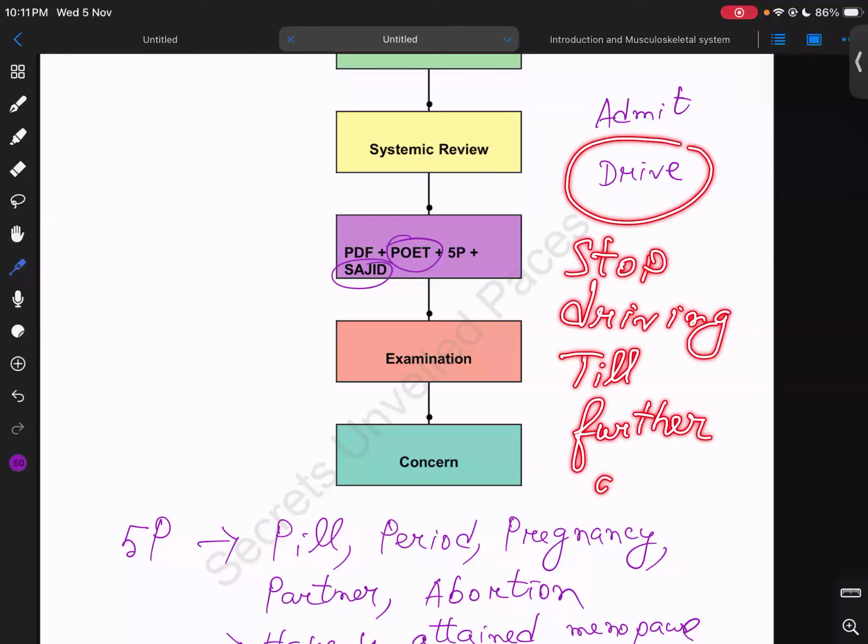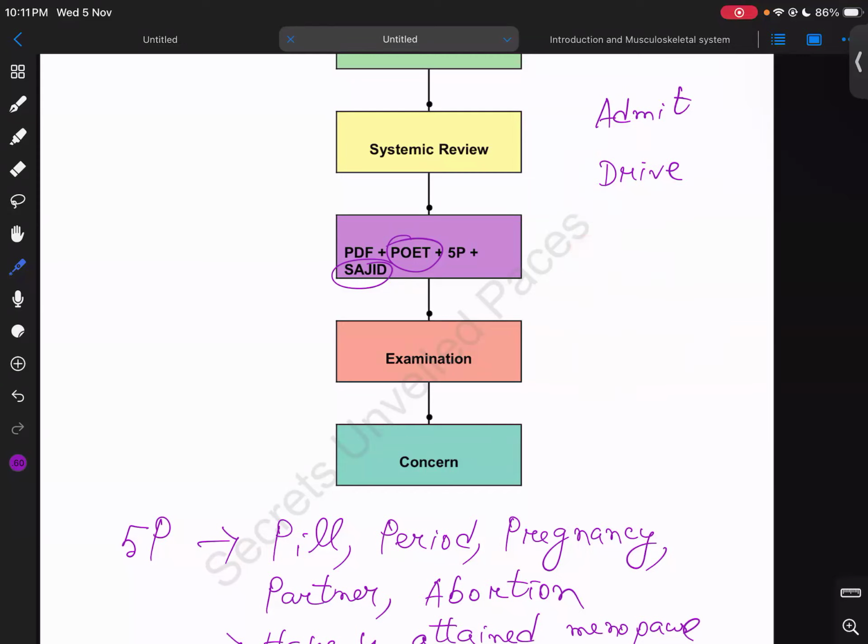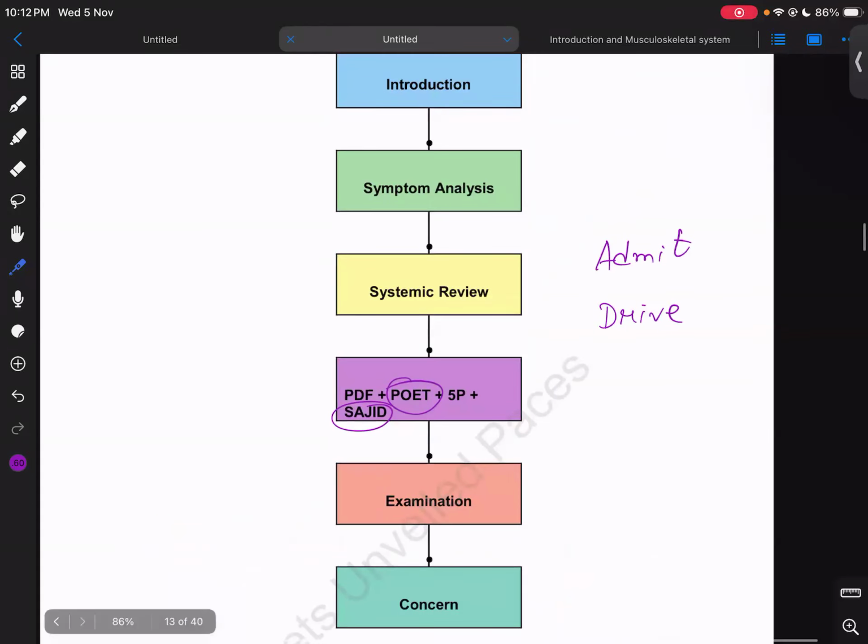You have not told the patient that you can drive or you cannot drive. You have to tell them, stop driving till further assessment. This will take you to the safe side. Is it clear to everyone about the admission and the driving? Does anyone have any kind of confusion regarding the approach to history taking?